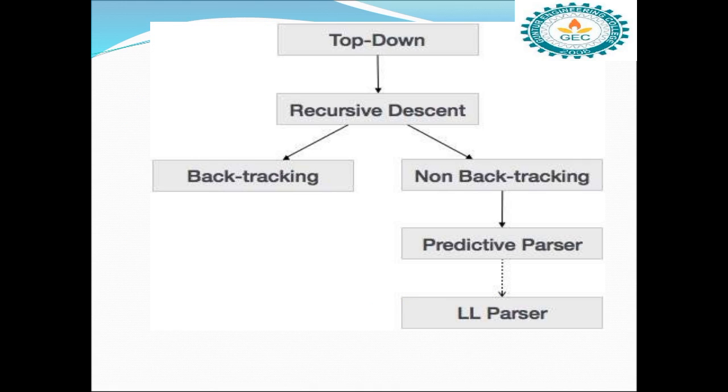This is the general diagram of top-down parsing. Top-down parsing includes recursive descent, which is again classified into two types: the first is backtracking, the next is non-backtracking. Non-backtracking is divided into predictive parsing.